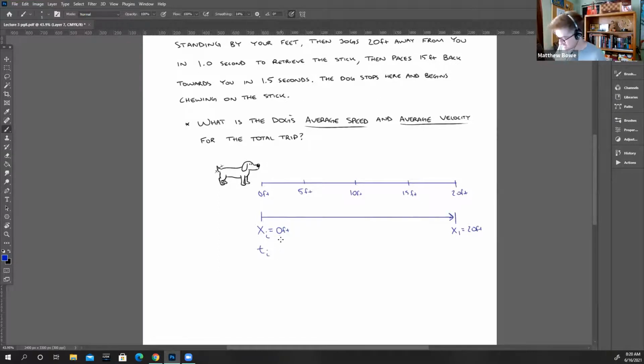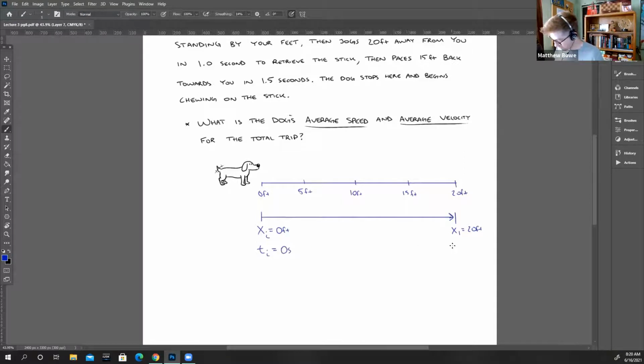We'll call that t sub i. So that's just holding a timer. And right at the very instant we hit the timer, we say go. That is considered 0. So that's the initial time of 0 seconds, right when we start.